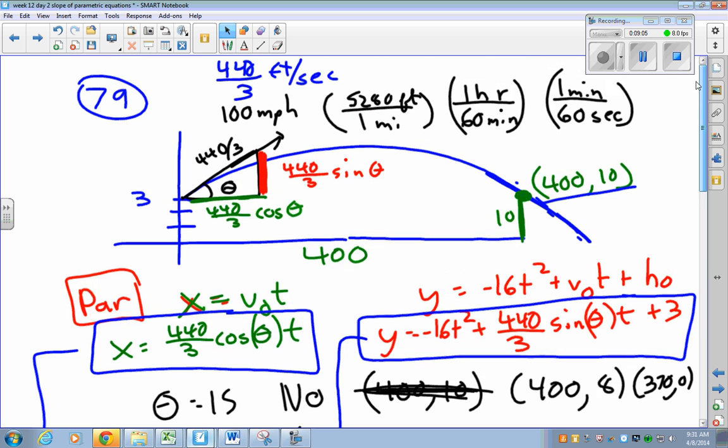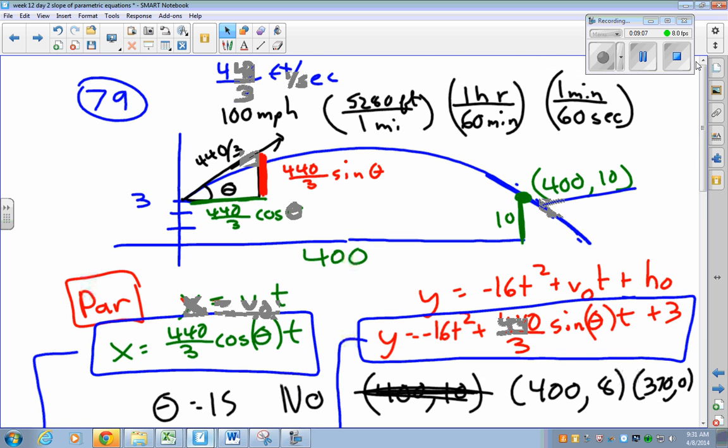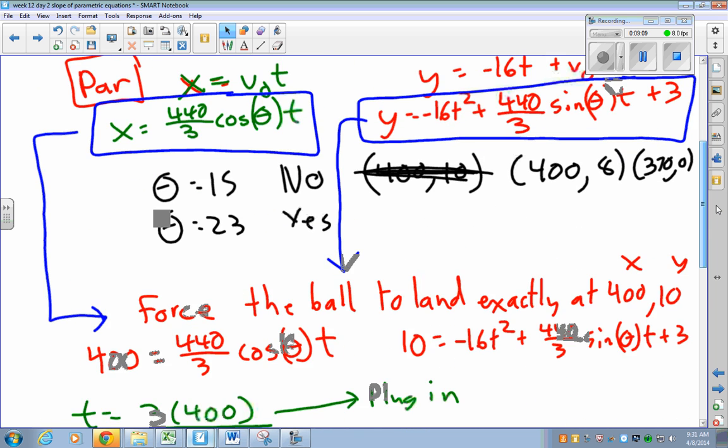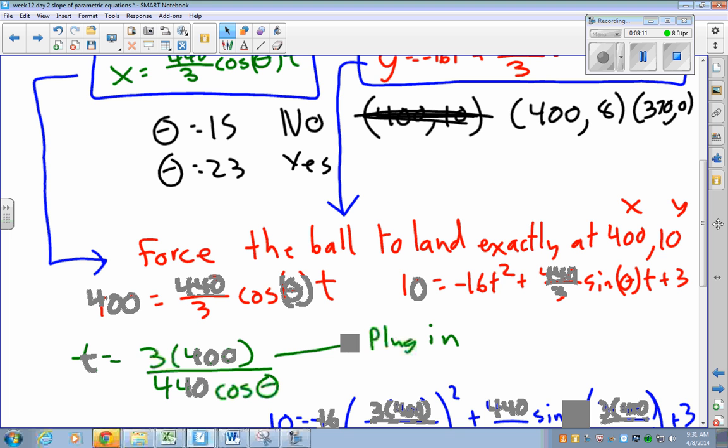Okay. So in solving, I told you we are going to force the ball to be exactly at 400, 10. So I set 400 equal for my x and 10 equal to my y. You have 2 equations, 2 unknowns, those 2 red equations. You can do a substitution style. So in my mind, since both guys have t, I'm going to sub for t.